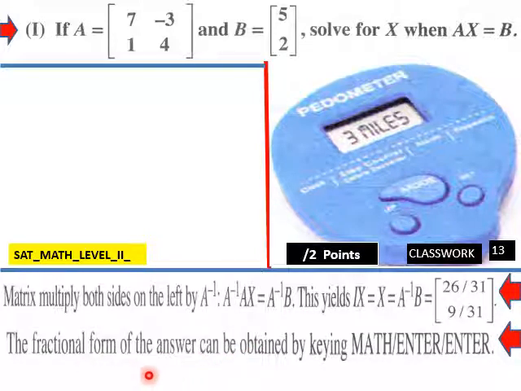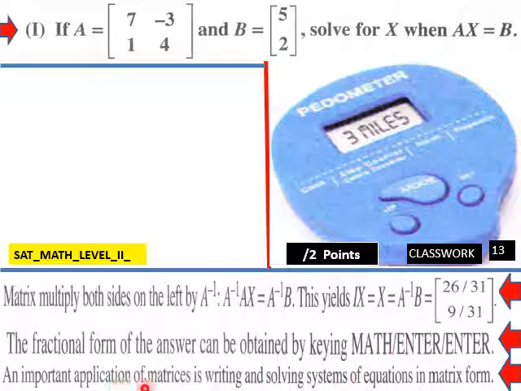The fractional form of the answer can be obtained by keying math enter. You'll probably get decimals, and then you can go from your decimals to this here. Either way, decimals will be fine, but the test itself will probably offer answers in fraction form.